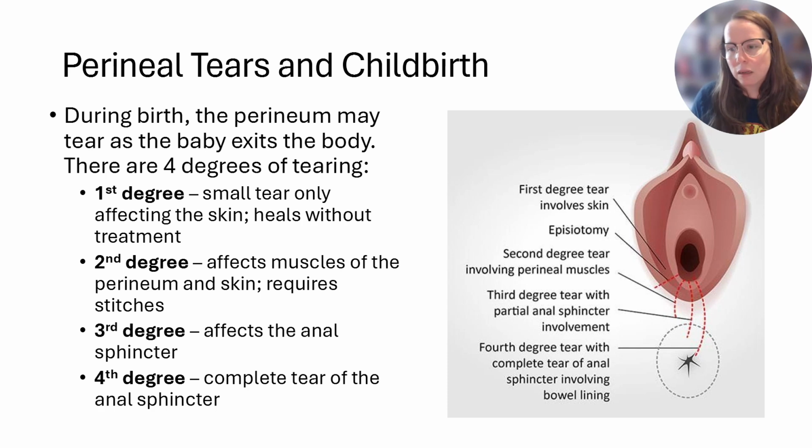When in reality, our bodies are supposed to do this, and they found that women actually have better healing and less pain if they go through a perineal tear, like a first or second degree tear, versus preemptively cutting with an episiotomy. There are obstetricians that do these still, but not everyone. And you can always advocate for yourself and say that that is not something that you would like to do.